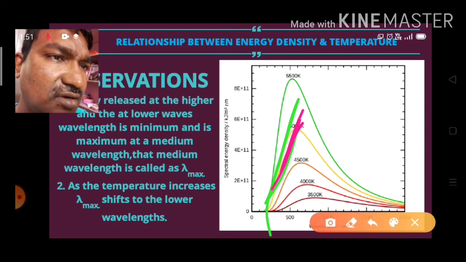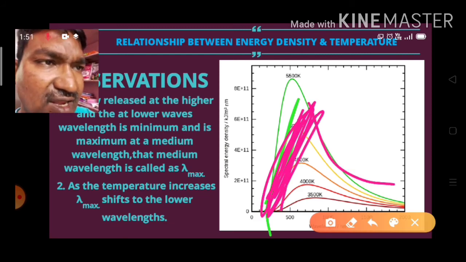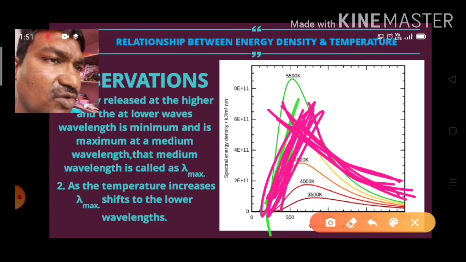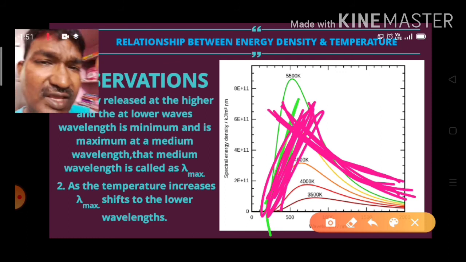Wien's equation explains the energy distribution at lower wavelengths, whereas the Rayleigh-Jeans equation explains the energy distribution at higher wavelengths. So no single equation is able to explain the complete graph.